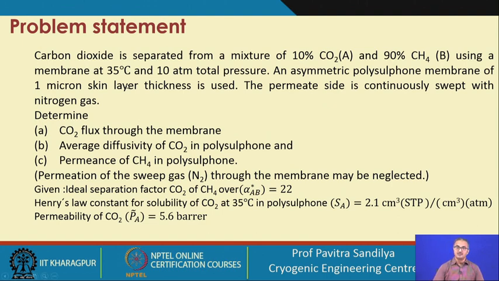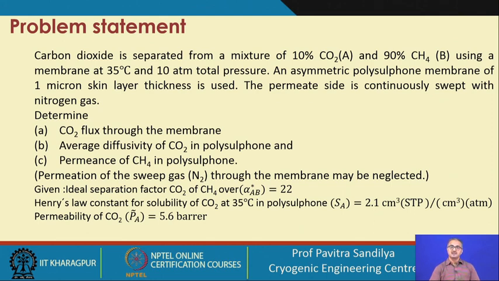That is how we are sweeping the permeate side with nitrogen gas. We are asked to determine the carbon dioxide flux through the membrane, the average diffusivity of carbon dioxide in polysulfone, and the permeance of methane in polysulfone. We can neglect the permeation of nitrogen through the membrane, because if nitrogen also permeates, it will change the driving force and the resistance to mass transfer.